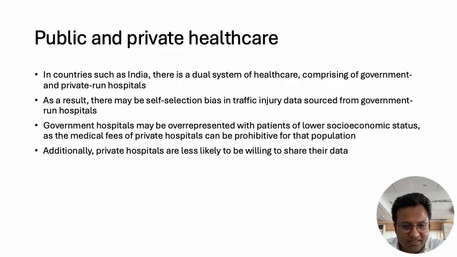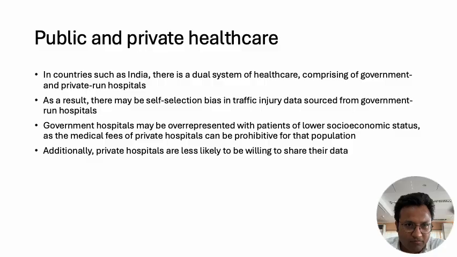Okay, just since we are talking about hospitals, a small caveat to keep in mind is the dual healthcare system that many of these countries have. For example, in India also, we have a dual system of public healthcare.